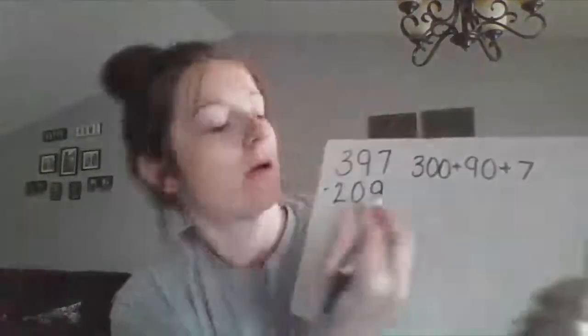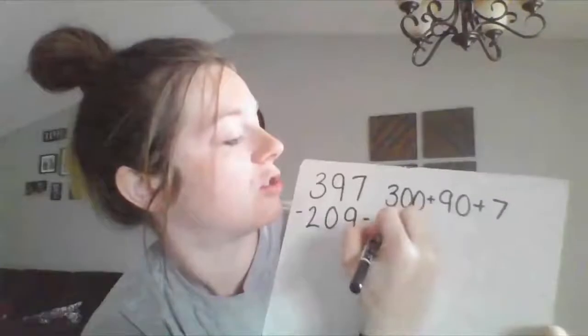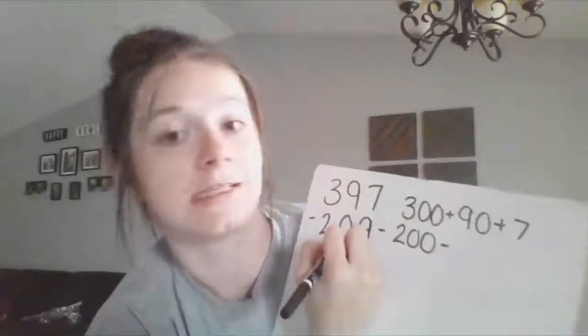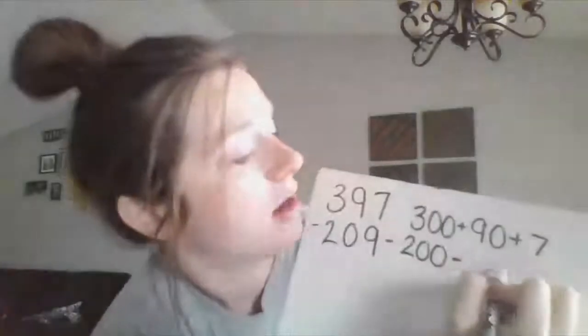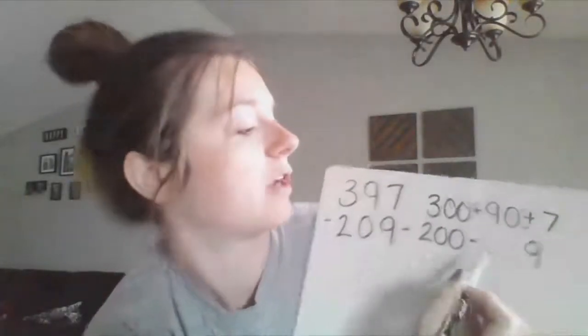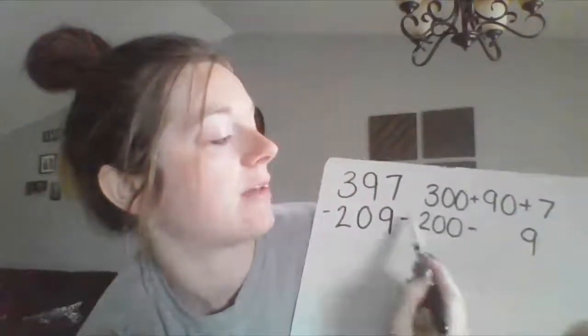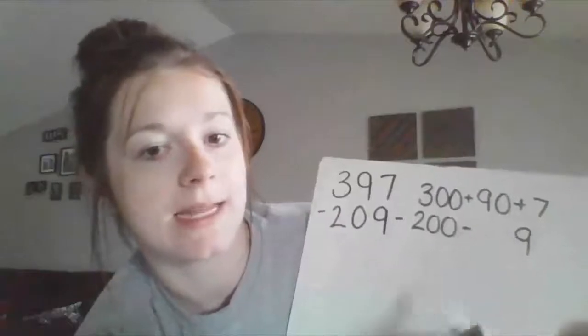Then I'm subtracting 209, so I'm going to subtract 200, and then subtract 0 tens, so I don't need to put that on there, and then subtracting 9 ones. So I have 300 plus 90 plus 7 minus 200 minus 9 here.